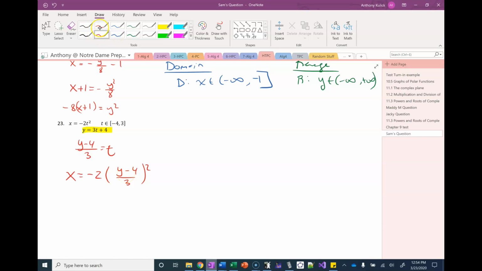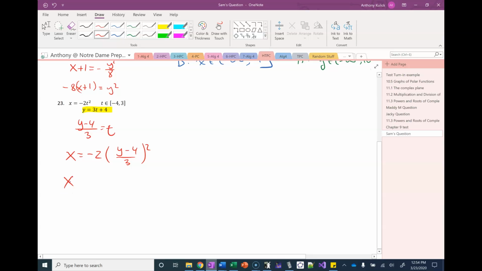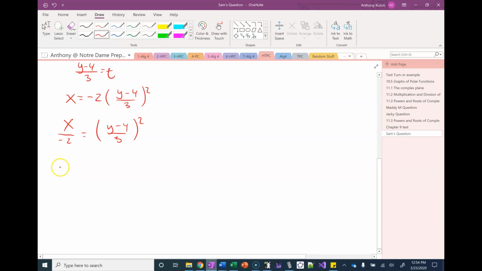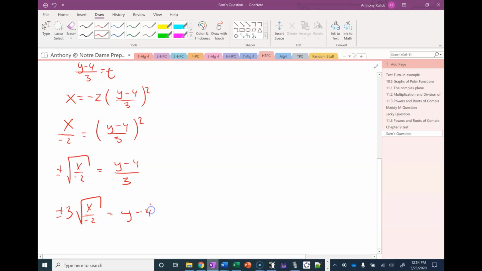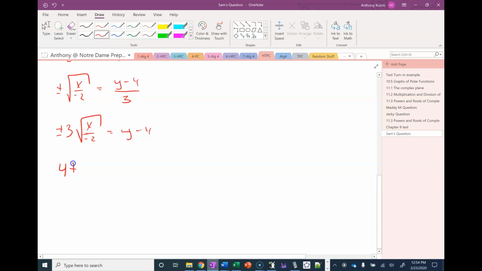So I'm going to start by dividing both sides by negative 2, and then I'm going to square root both sides. And then I'll multiply both sides by 3, and then we'll add 4 to both sides.